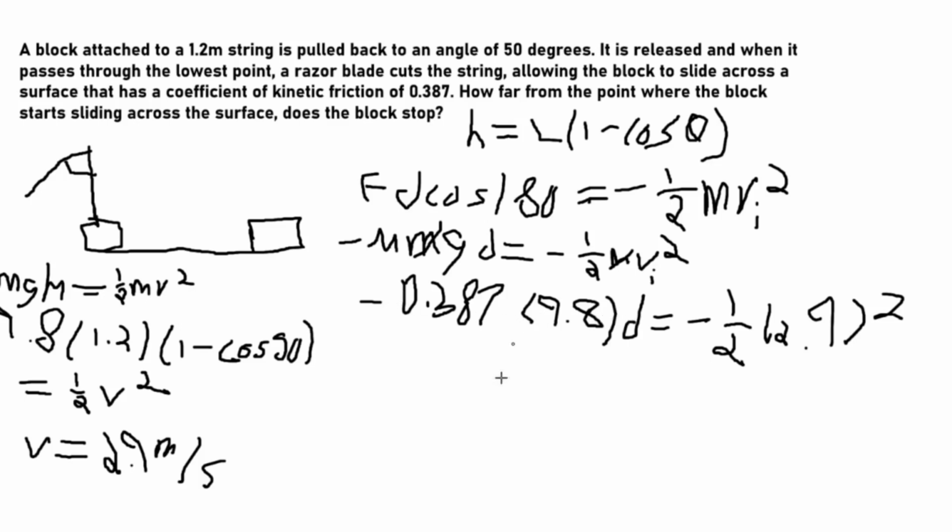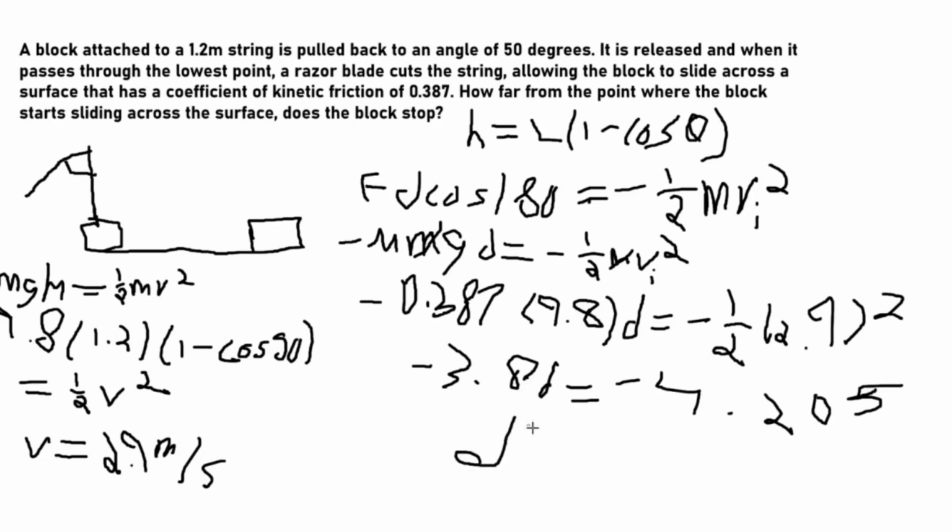You multiply this side together, you're going to get negative 3.8 d equals negative 4.205. There we go. Just do the math. The d is going to equal 1.11 meters.